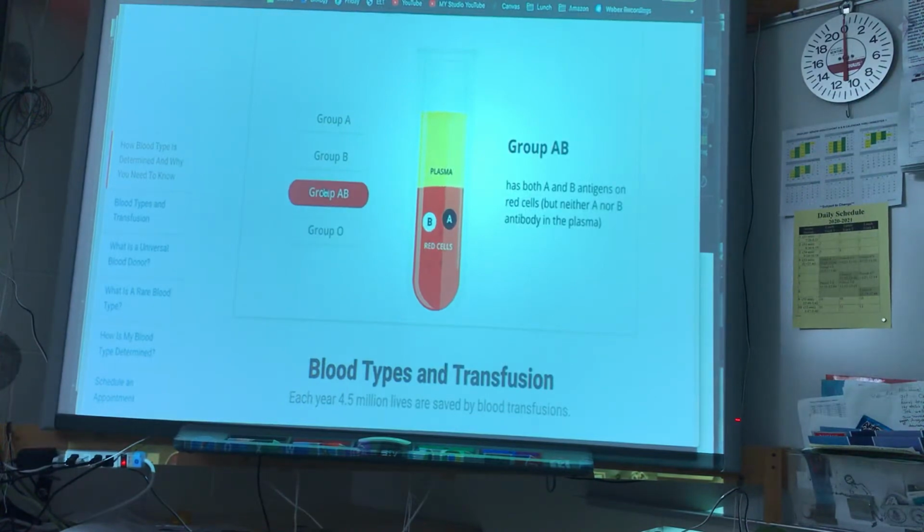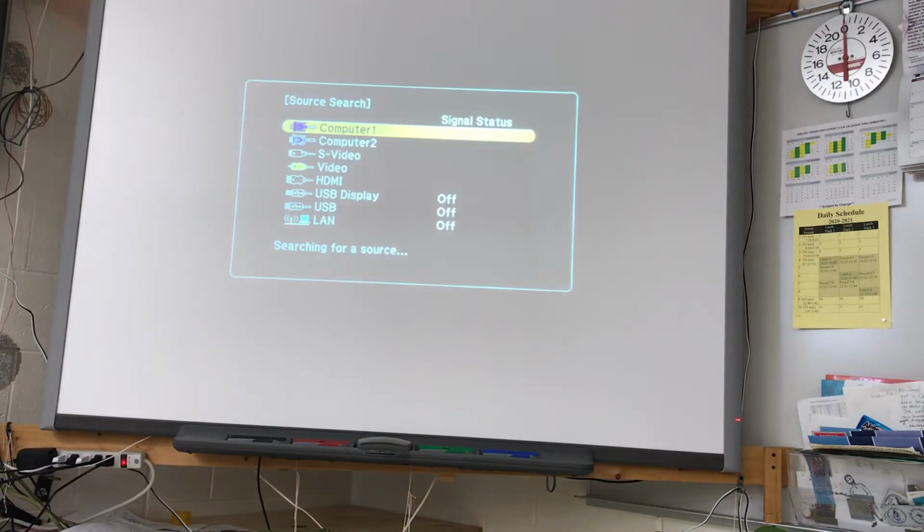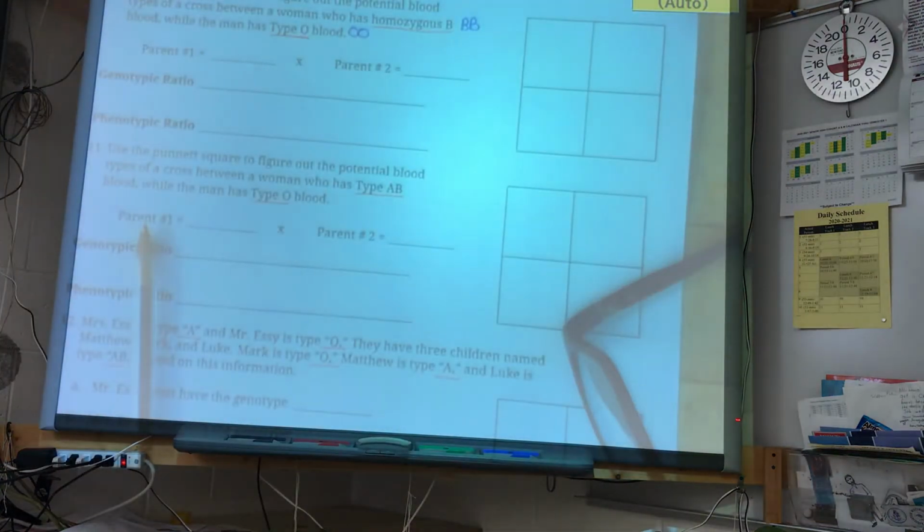So these are the possible alleles, and this is something you probably wanna write down, the possible allele combinations that will give you different blood types. If you are blood type A, you could be homozygous for AA, or you could be heterozygous with O because O is recessive.